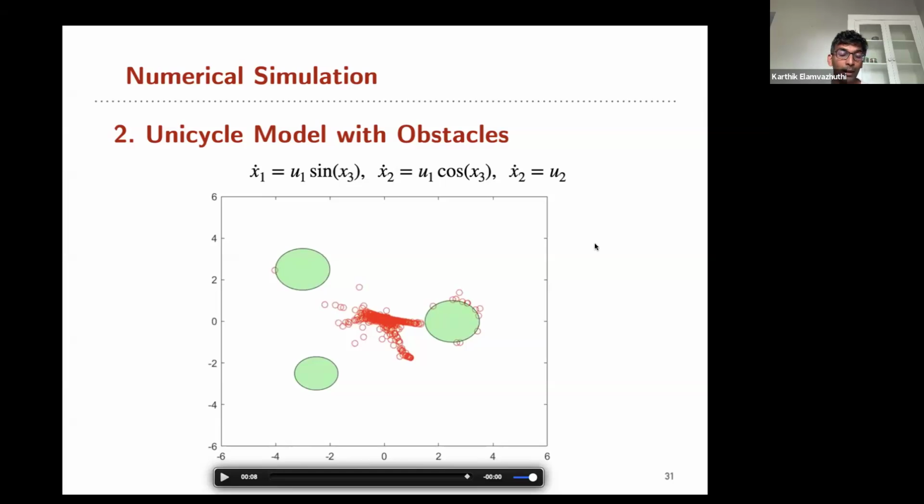So maybe if we had a better way to learn the neural network, we could ensure all the points converge. But this shows that even though in theory we can guarantee that it'll all converge to the equilibrium, there are still some numerical issues in the way this is solved. So there's a lot of scope for improving this method.